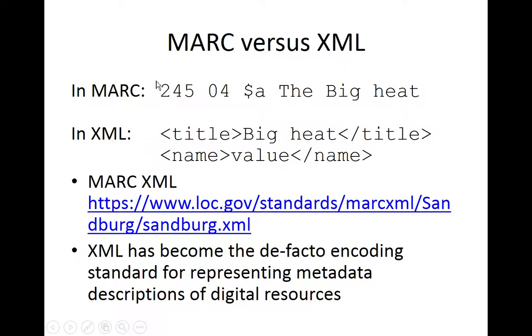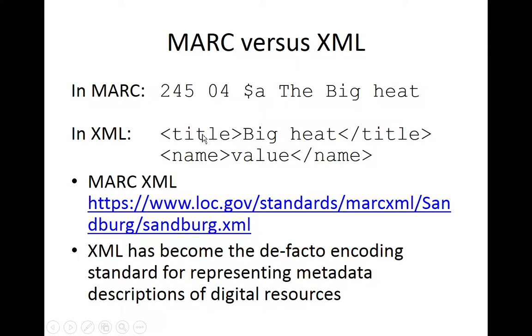So again, here's an example of MARC versus XML. MARC really puts the onus on the expert or the technology to know what is the information versus the tag. It's not very explicit what's the tag and what's the information that tag is marking up. Versus XML, you can see here's the information and this is the title.